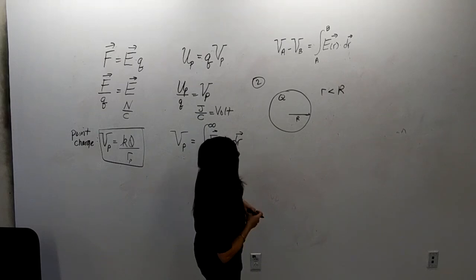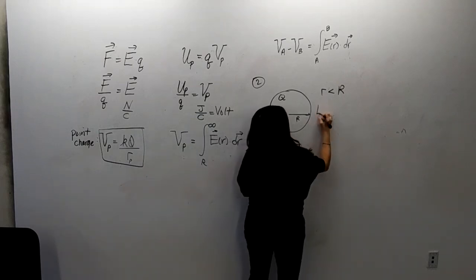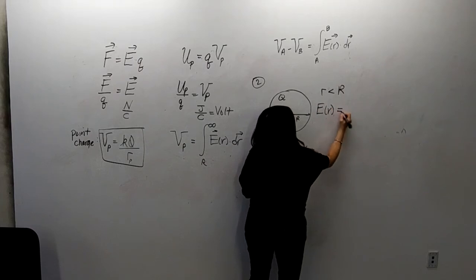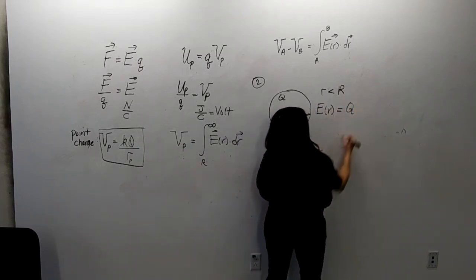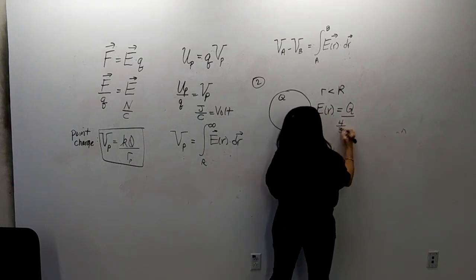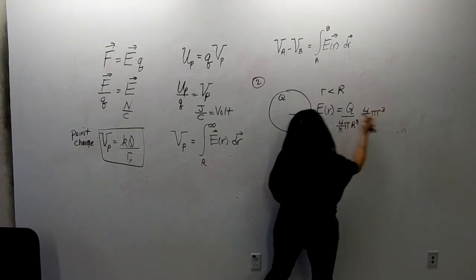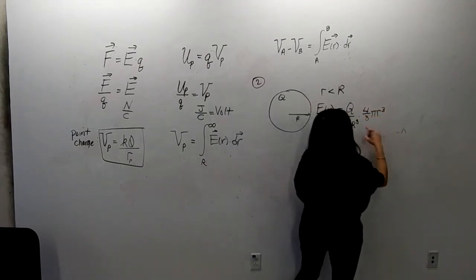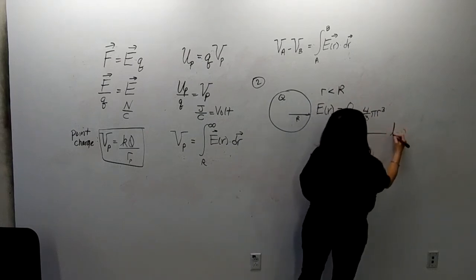The electric field for r less than R is going to be given by, just to review, Q, the total charge, divided by 4/3 pi R cubed, times 4/3 pi r cubed, the little r of where you are. That's your Q enclosed, divided by r squared, times k.